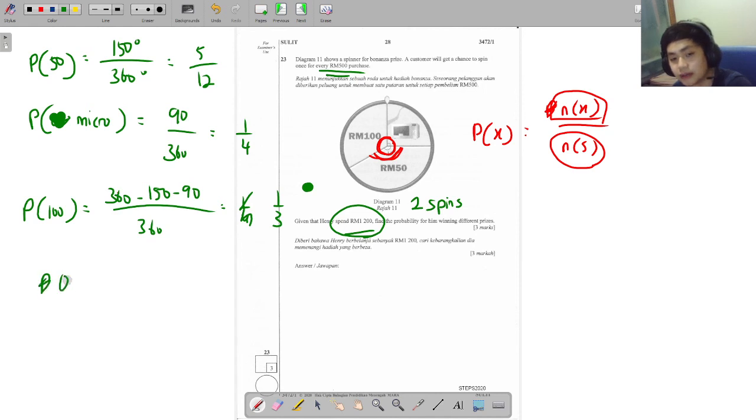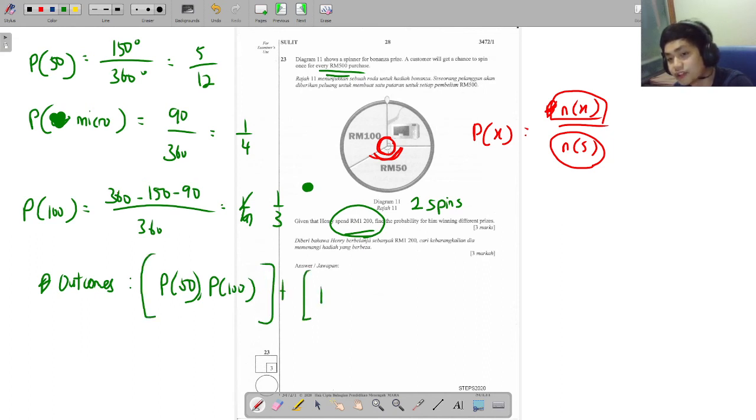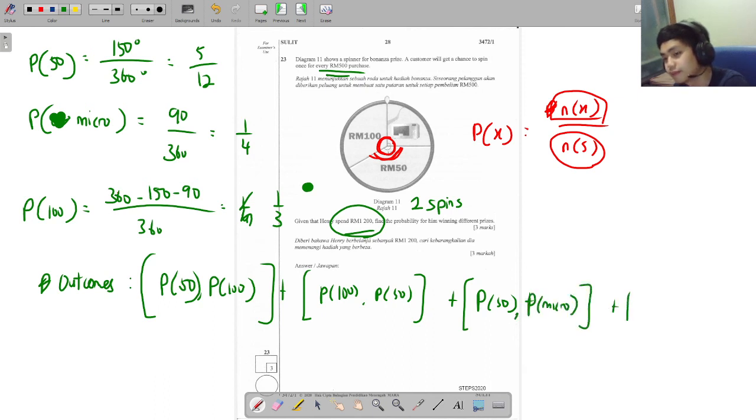Let's just talk about outcomes first. The outcomes are he can get 50 ringgit then 100 ringgit, and he can do the reverse of that as well: 100 ringgit first, then 50 ringgit. They're still different. You can also get the 50 ringgit and the microwave, or the other way around, the microwave then the 50 ringgit.